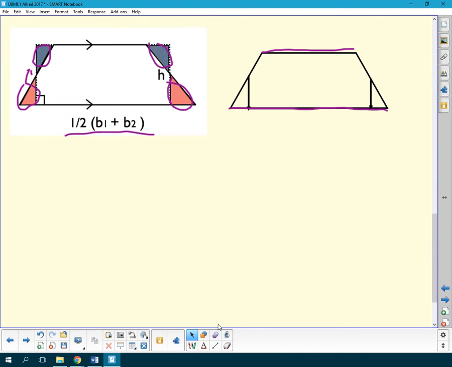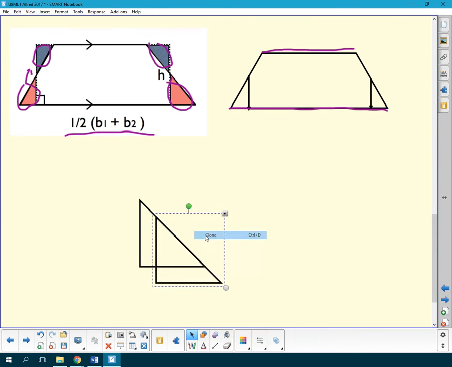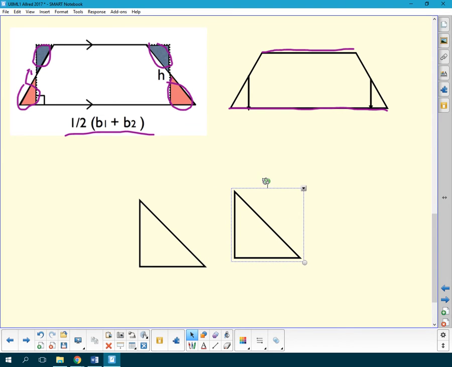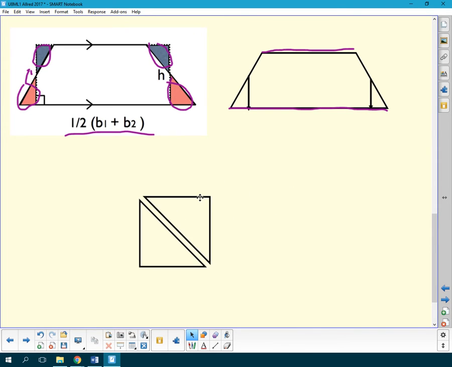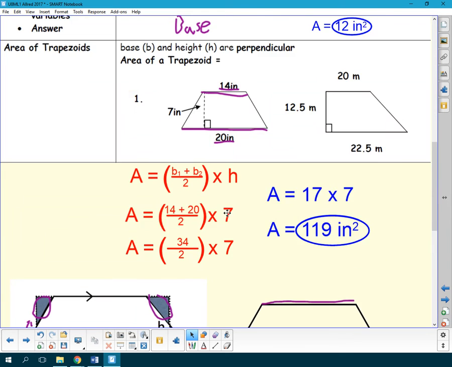With triangles, I think it's pretty easy to see that when you take 2 right triangles and put them together, I'm going to take one and clone it, make it look just like that one. And then I'm going to turn it counterclockwise until it's upside down. If I take those 2 right triangles and put them right next to each other, I see a square.